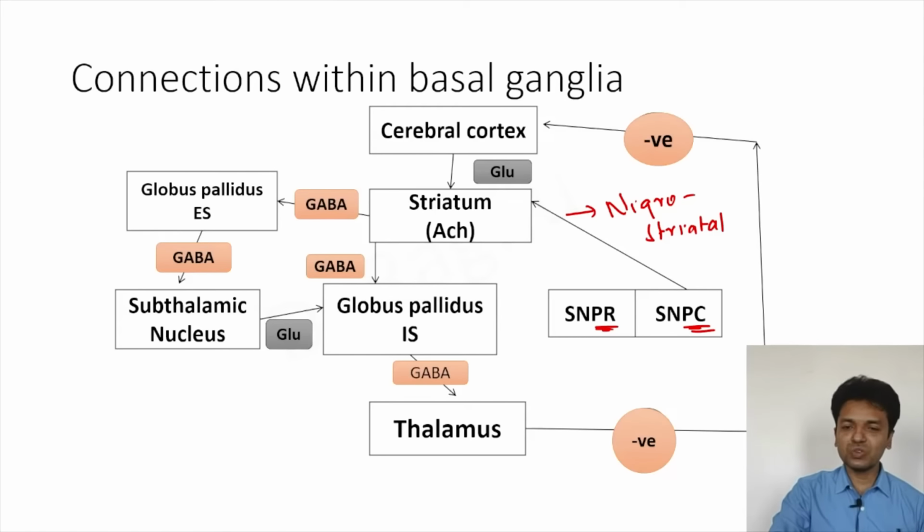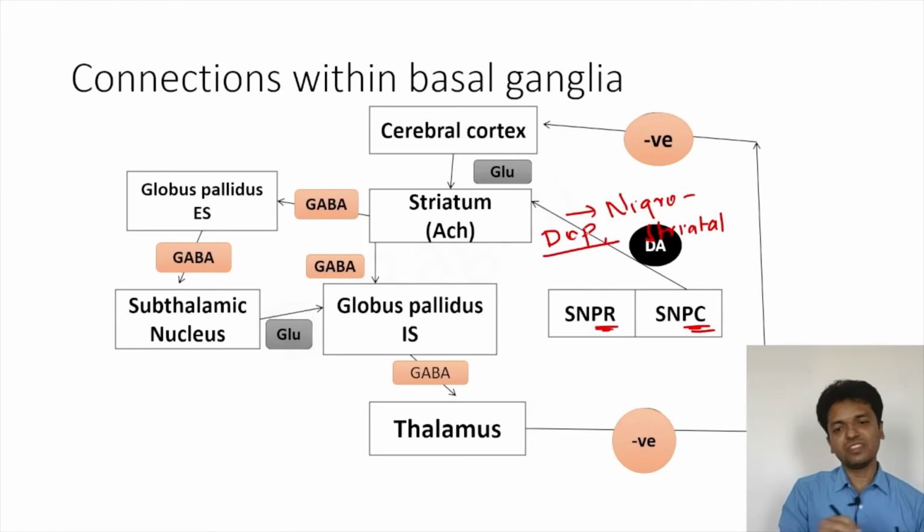Okay, and what is the neurotransmitter here? The neurotransmitter here is dopamine. Okay, the degeneration of these nigrostriatal fibers is going to result in a disease which is called Parkinson's disease.